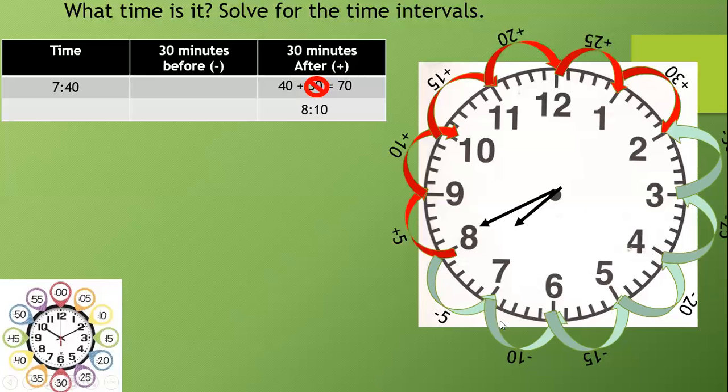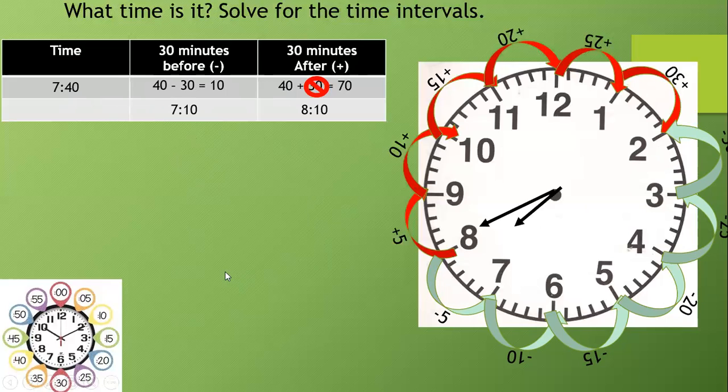So our new time here would be 7:10. So 40 minus 30, if we wanted to use subtraction, would give us 10, and our time would be 7:10.